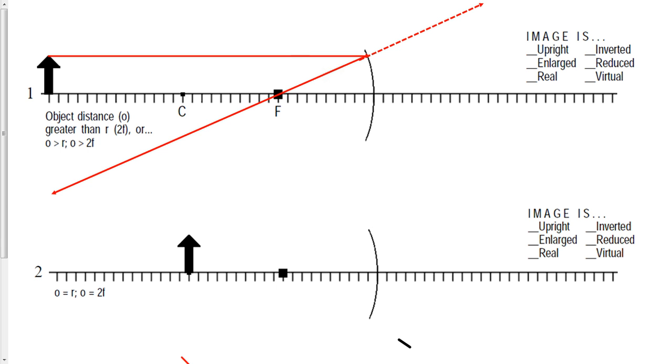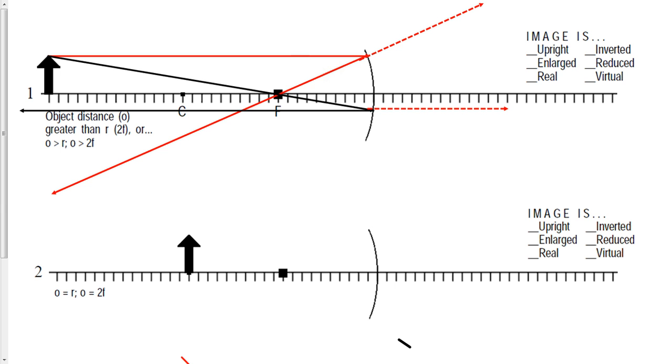Second arrow, again from the tip, the second one goes through the focal point and reflects parallel to the principal axis. Again, it has a virtual ray which goes off opposite of the reflected ray. Now notice that the virtual rays diverge, so you'll never have an intersection of those.